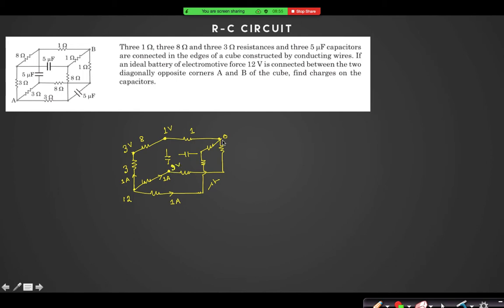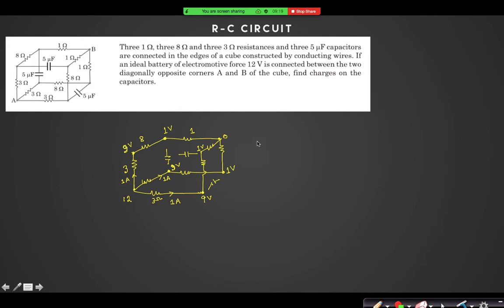If this is 1 ohm, this is 1 volt, and this is 3 ohm, so this will be 3 voltage drop, so that will be again 9 volt, and this is 1 voltage drop, 1 volt. Can you see the potential drop across each of the capacitors are same?